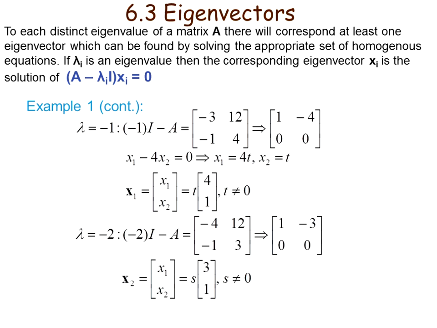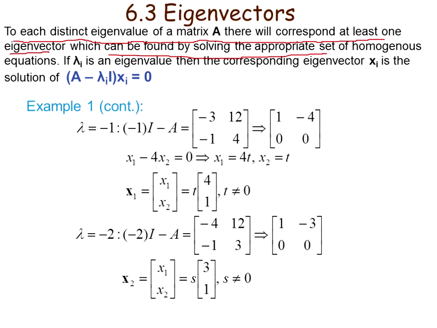Now we are talking about eigenvectors. To each distinct eigenvalue of a matrix A, there will correspond at least one eigenvector, which can be found by solving the appropriate set of homogeneous equations.